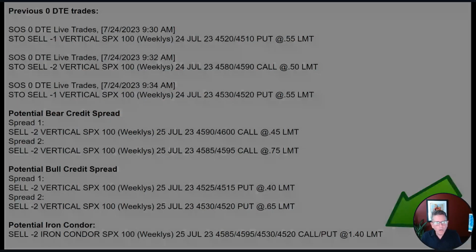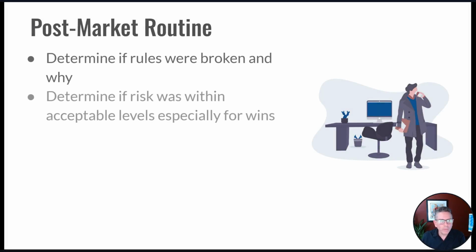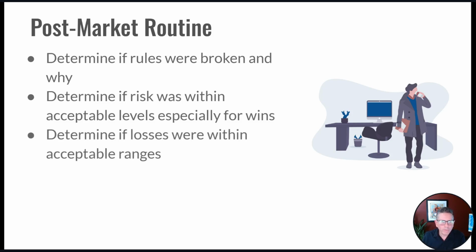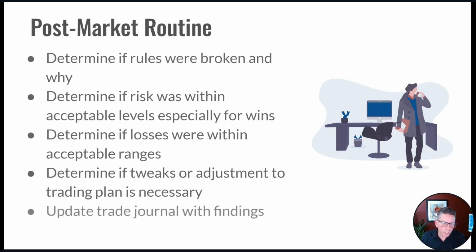Okay. All right. Post-market routine: determine if rules were broken and why. Determine if the risk you had was acceptable. Also determine if losses were within acceptable ranges. This is a good way to look at this and journal your trades, so you understand what you did wrong and what you did right, and then at times you need to tweak your trade plan as well.